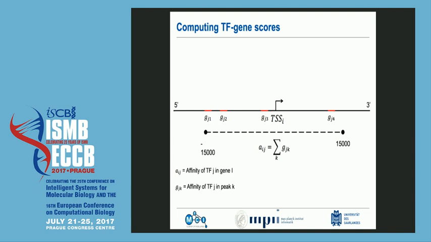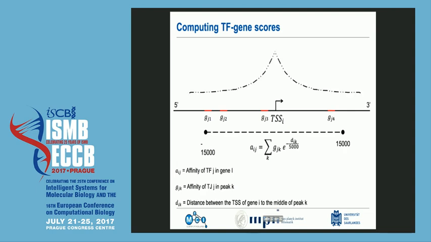You need at least a larger window to incorporate these regions. But because this window is quite large, in practice we put an exponential prior on it. The further away the region is, the less likely it is to influence the gene. It's still possible, but less likely.